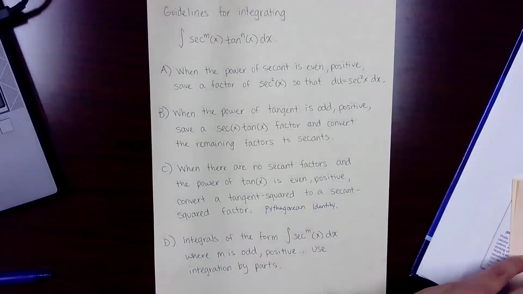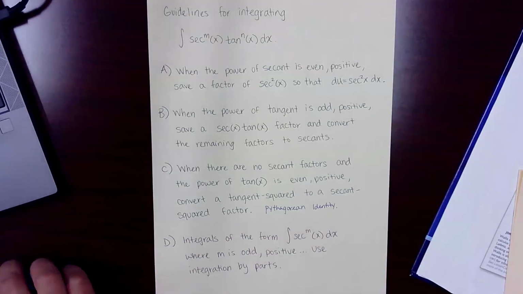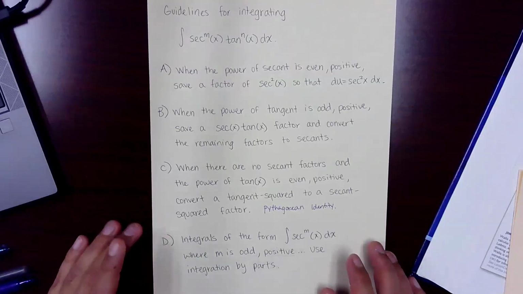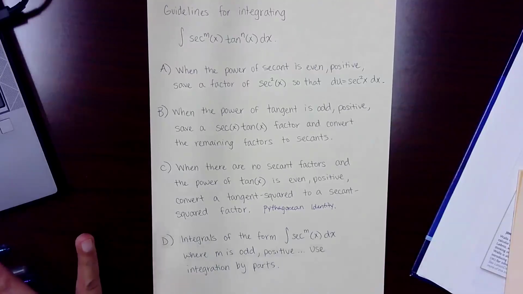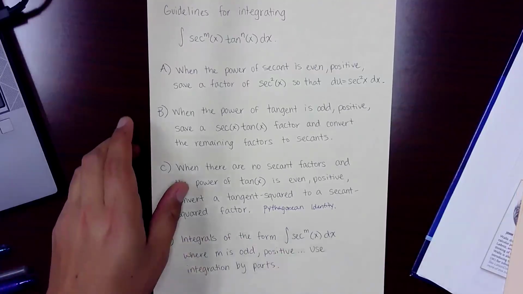Find the integral of tangent to the third power of x all over the square root of secant x dx. Okay. Now, for those of you in Zoom land that are struggling to write this really quickly, just remember I will post this video later so you can pause it here so that you can write down those rules or those guidelines, but we'll see them played out here in the next problem.